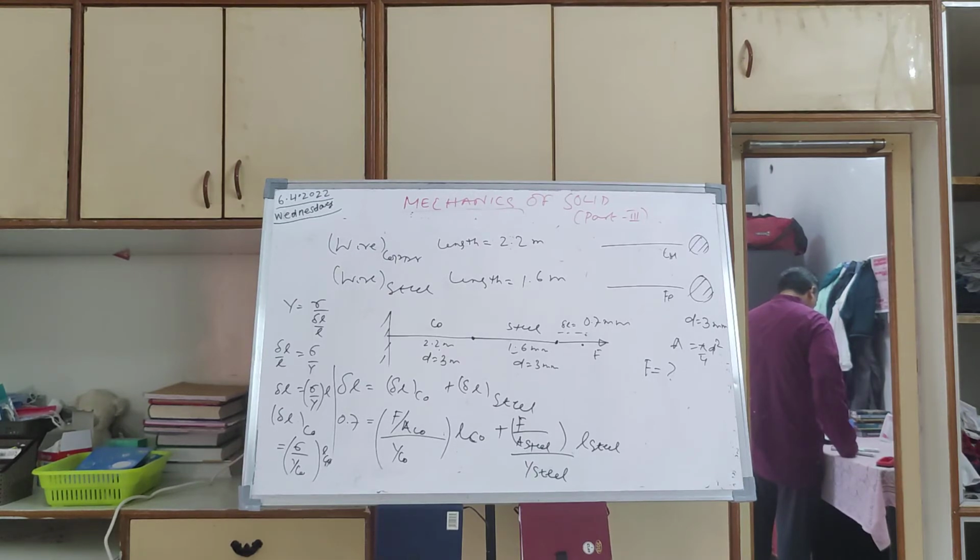The components are under tension, because they have the same tension equal to load W and the same area. From equation 9.7 we have stress and Young's modulus. Total elongation is this, so we can solve it and find it out.